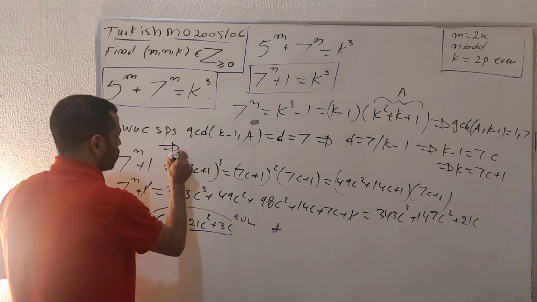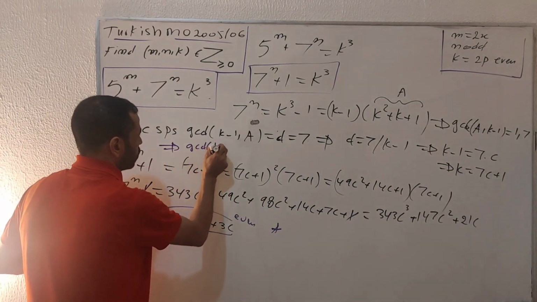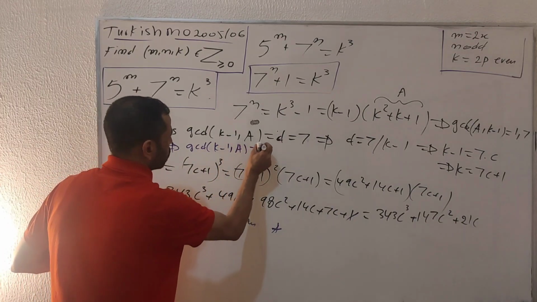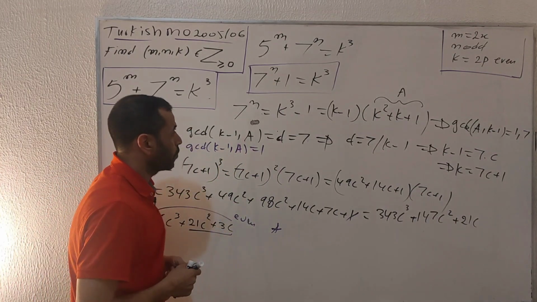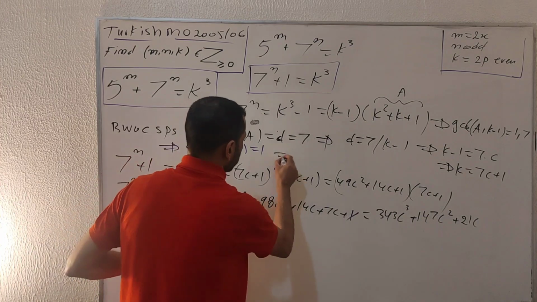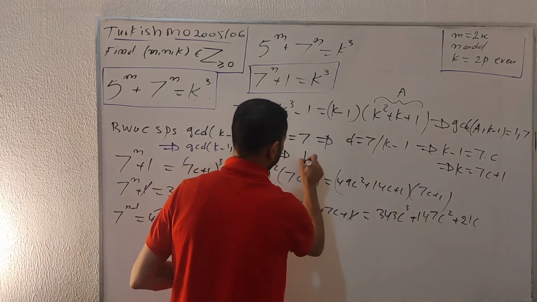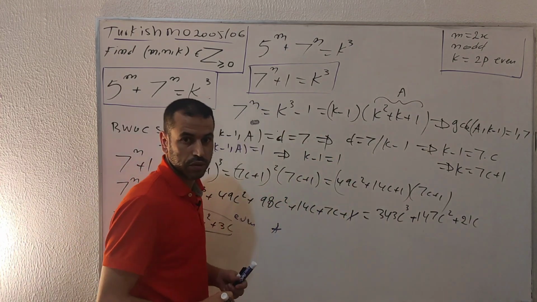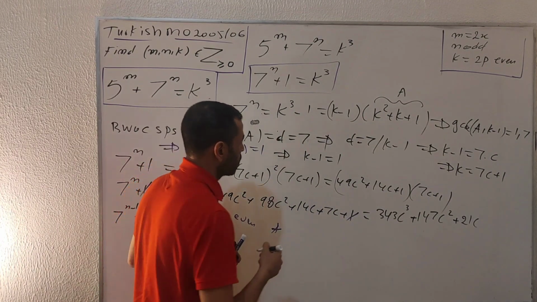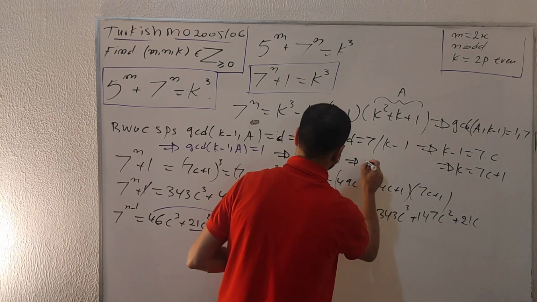Okay, GCD of k minus 1 and capital A equals 1, not 7. If it equals 1, I'm simply going to replace, k minus 1 equals 1. Okay, if k minus 1 equals 1, which means k equals 2.